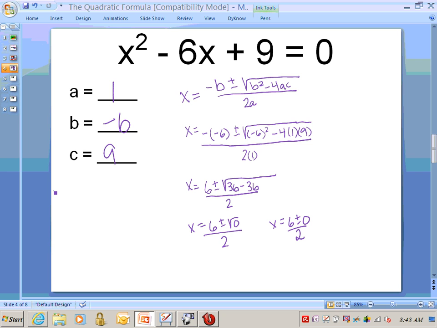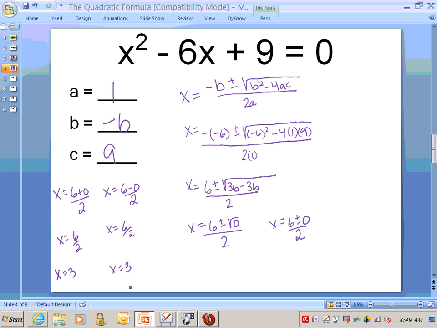So then I've got x equals 6 plus 0 divided by 2, and x equals 6 minus 0 divided by 2. So x equals 6 plus 0 is 6 divided by 2, so x equals 3. 6 minus 0 is 6 over 2, so x equals 3.